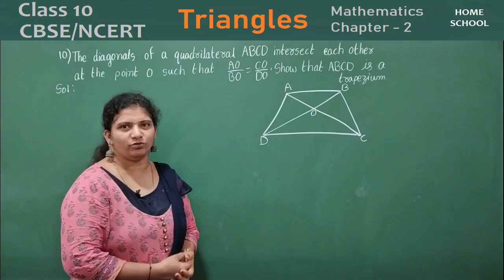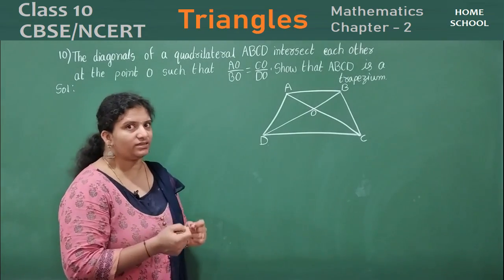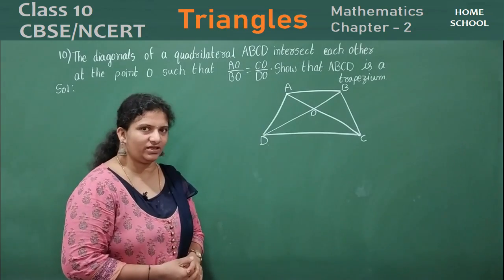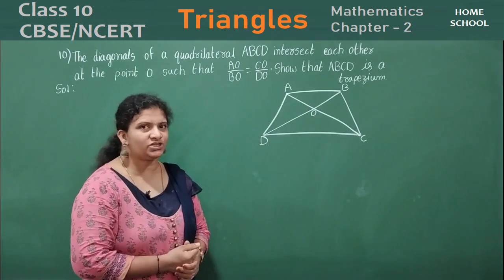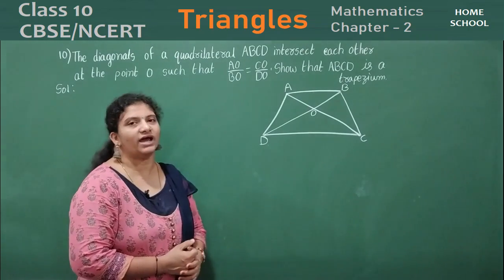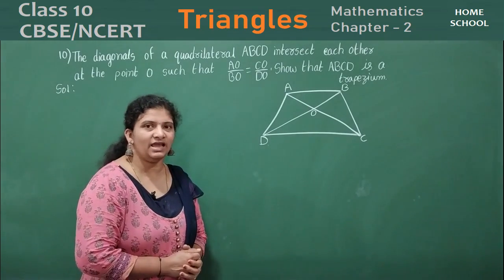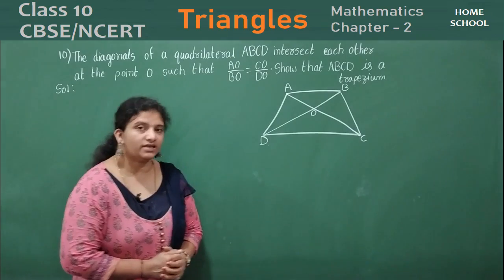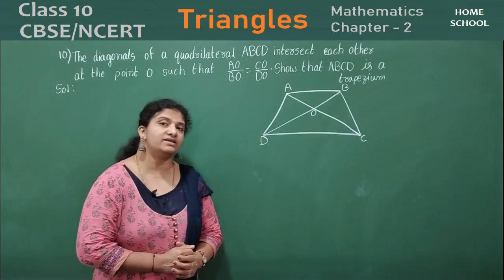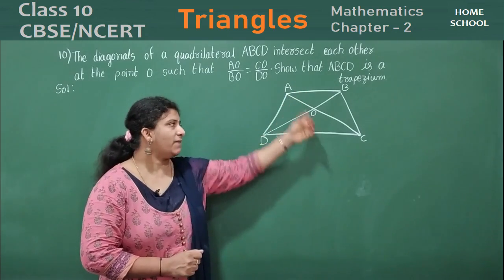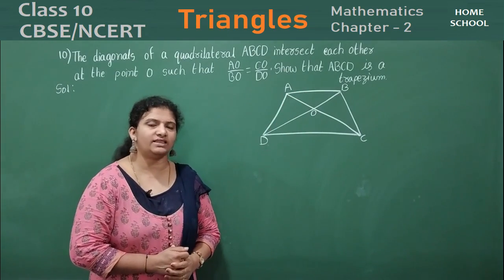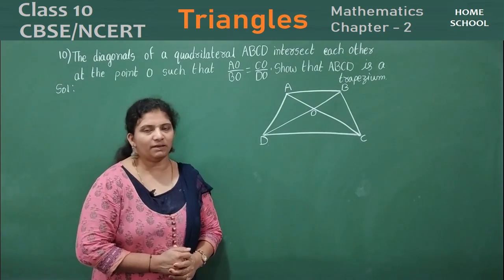Just now we have proved, right? So the same ratio we have here. What to do with this ratio? They have given the ratio. I need to prove that this quadrilateral is a trapezium. First thing here, children: when I am able to prove AB is parallel to DC, then I can say it is a trapezium.